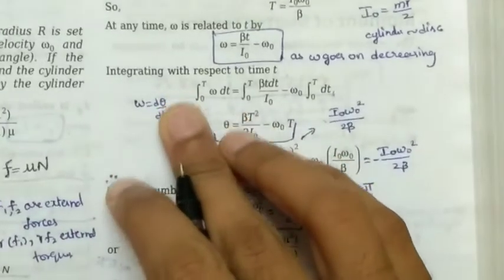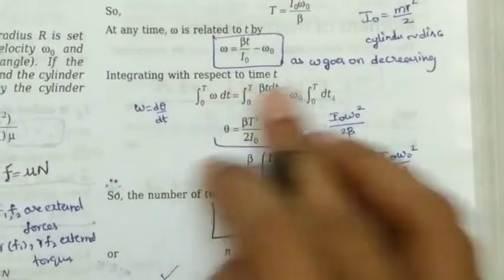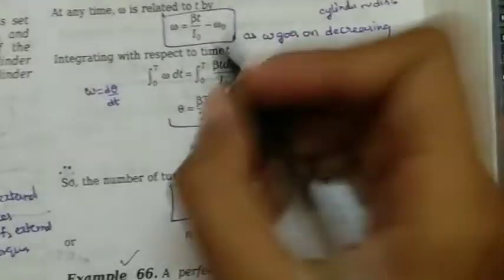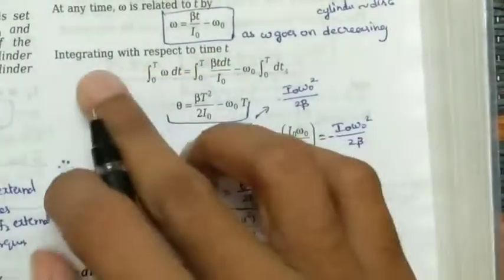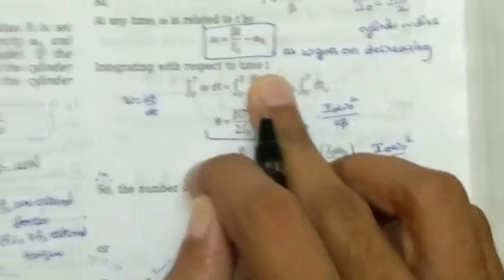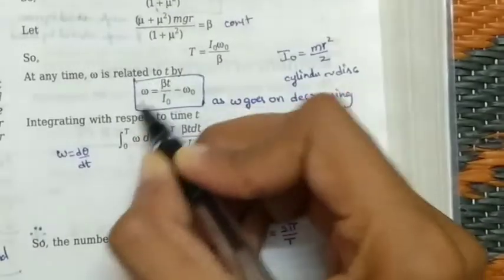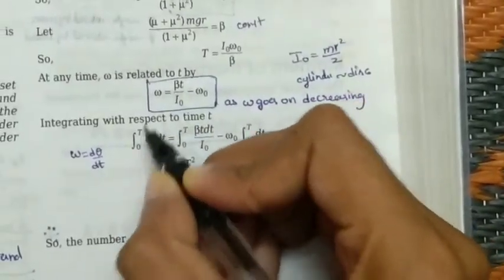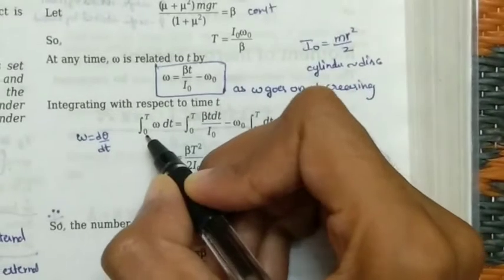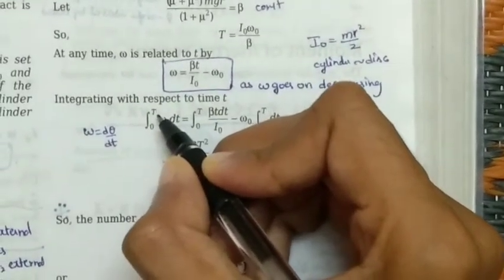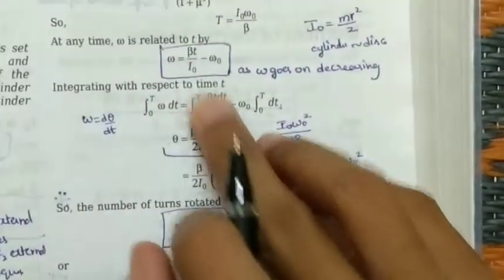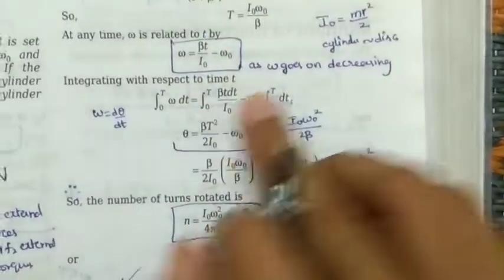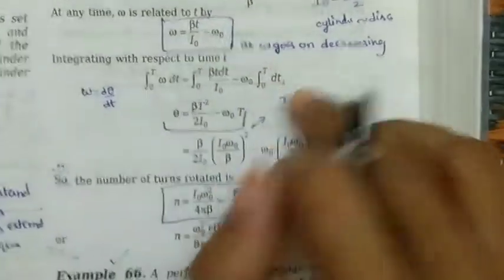So next what we need to do is integrate both sides with respect to time t. In this equation, integration of dt on the left hand side is from 0 to T. Initial time is 0, and finally by the time the cylinder comes to rest, that time is capital T. On the right hand side also, integration from 0 to T of beta t by I naught dt, and here also integration of dt.